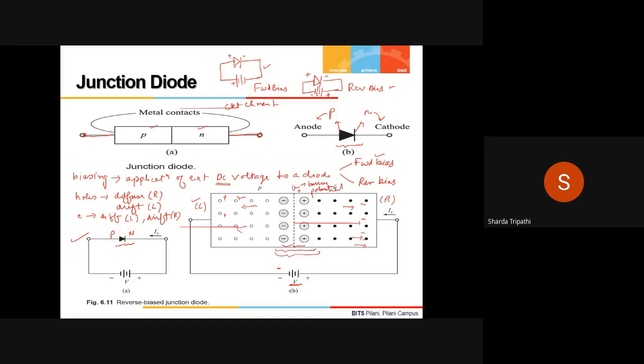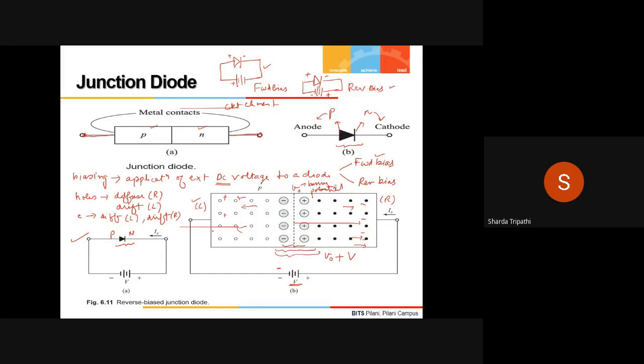But when I connect the PN junction in a reverse bias connection, the depletion region widens and keeps on widening until the barrier potential becomes V0 plus capital V.